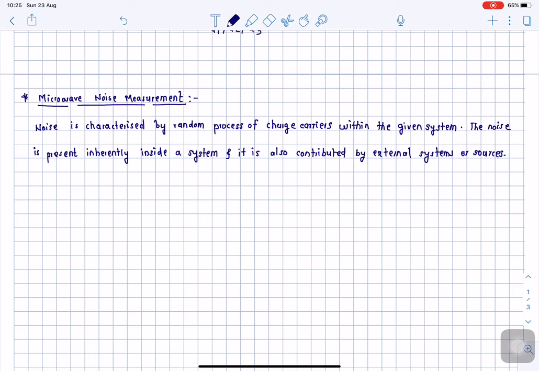The noise of the microwave circuit is effectively measured in terms of a noise temperature, and sometimes a noise figure is also used. Okay, so noise is generally measured in terms of noise temperature, right?